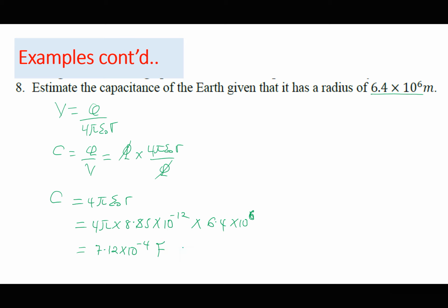If I want this to be in microfarads, I'll divide the answer by exponent minus 6, which is the same as 712 microfarads. So that will be the capacitance of the Earth. Okay, then that's lesson 1 end there.